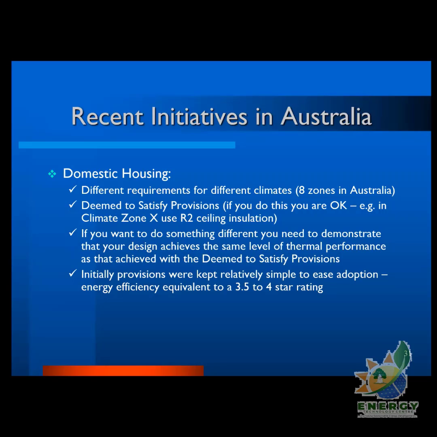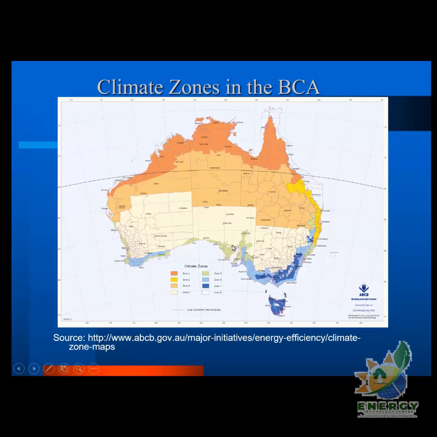Now, initially, provisions were kept relatively simple for ease of adoption, with energy efficiency equivalent to a 3.5 to 4-star rating to start with. So they have different territories, eight different blocks where the building code applies in terms of the specification, what material to be used, what R values to be used, and so on and so forth.